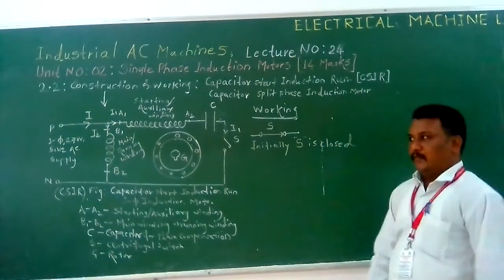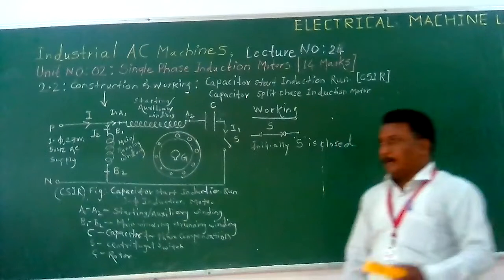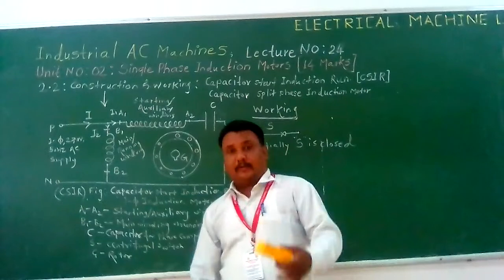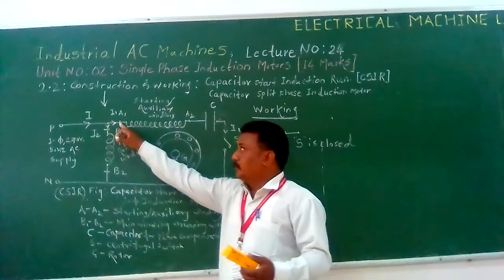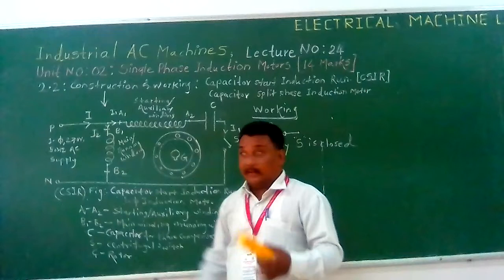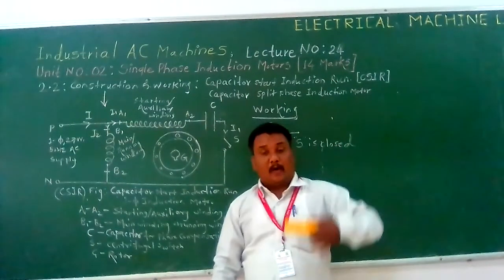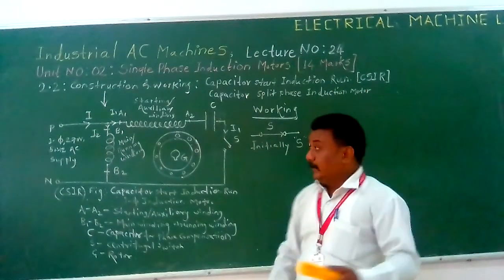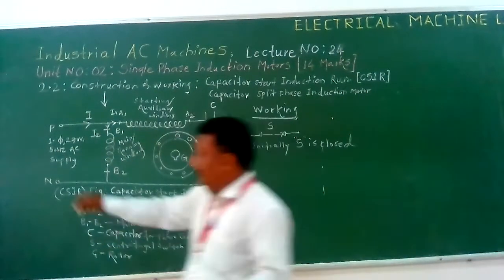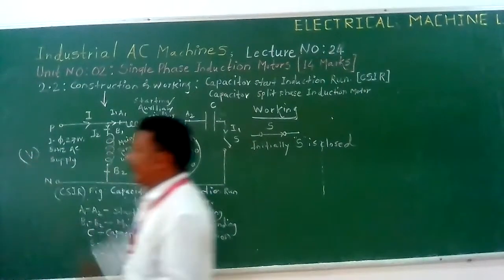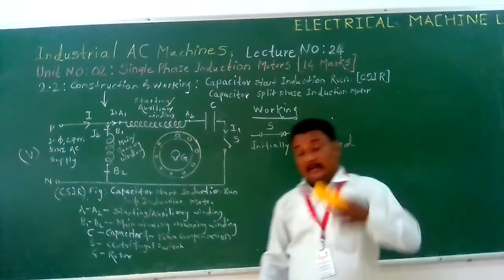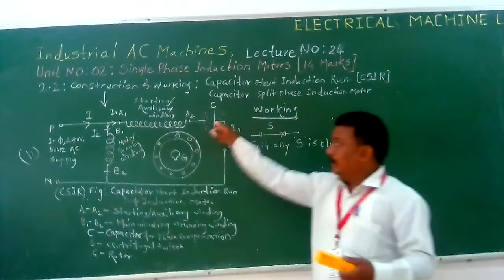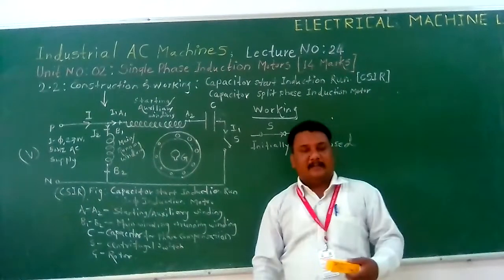Now what happened? We know that here phase compensation and phase splitting is used. We know that most of the current flows through the starting winding, because here a capacitor is used for phase compensation, and that's why I1, the starting winding current, is leading the supply voltage V, because a capacitor is added in the starting winding circuit.